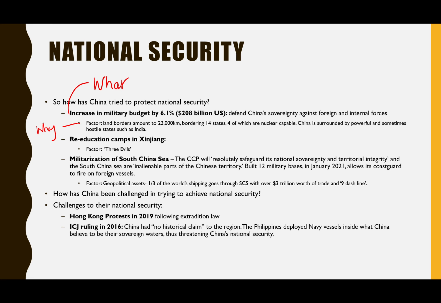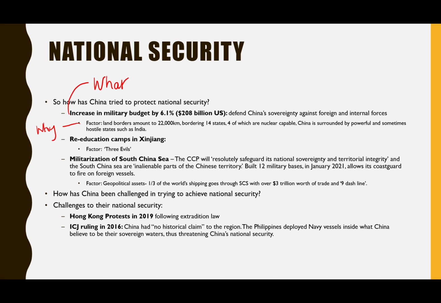Basically, it's the international community not recognising China's sovereignty in this area, which would definitely undermine their achievement of national security, because national security is about maintaining sovereignty, and the community did not believe that China had control of this area. We have continually seen countries try to exercise some control in that area.